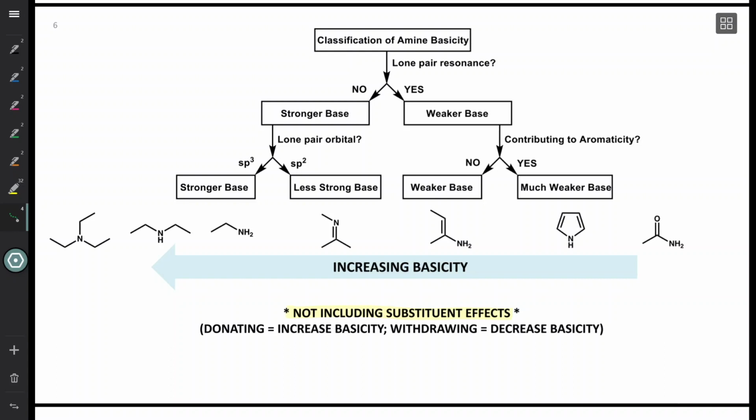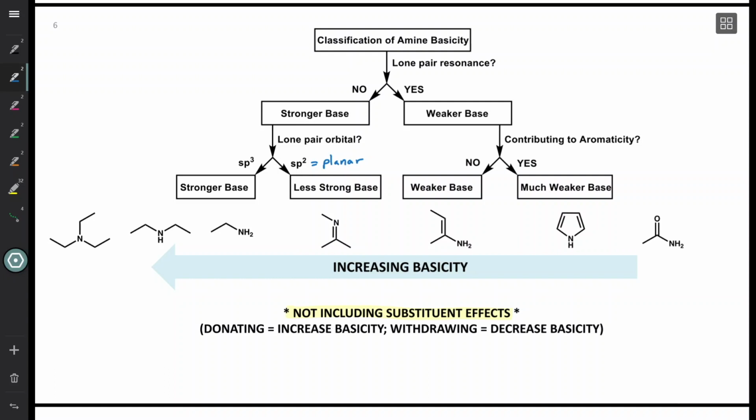Okay, what if you don't have resonance? Then you're already a stronger base. And then it's asking you to look at the hybridization. Okay, so sp3 tetrahedral, then you're in the strongest of the bases. sp2, right, this is planar.